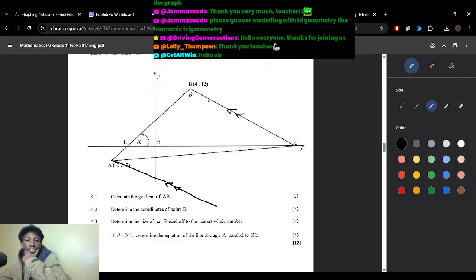But we do not know the gradient of BC. Okay, let's take a breath and see if we can calculate the gradient of BC. If we calculate the gradient of BC, then we can determine the equation of this line here, right? So this is 76.